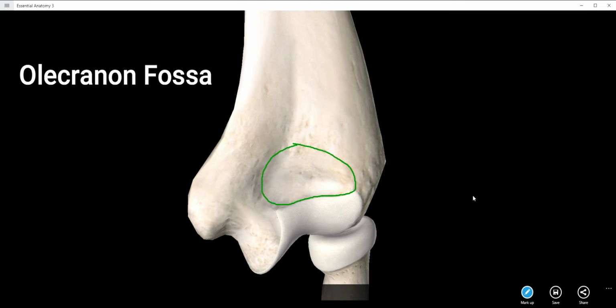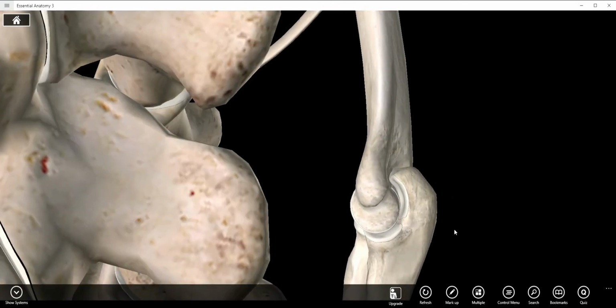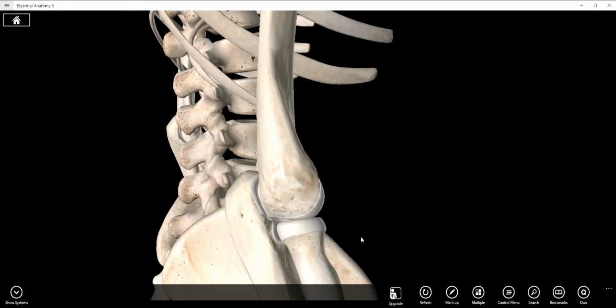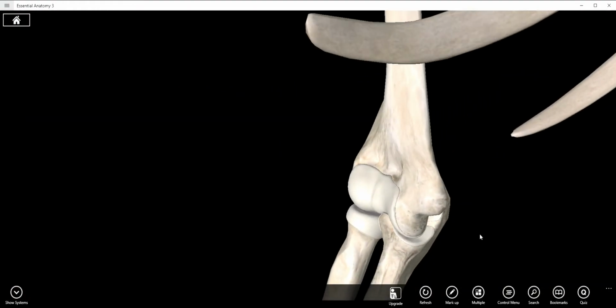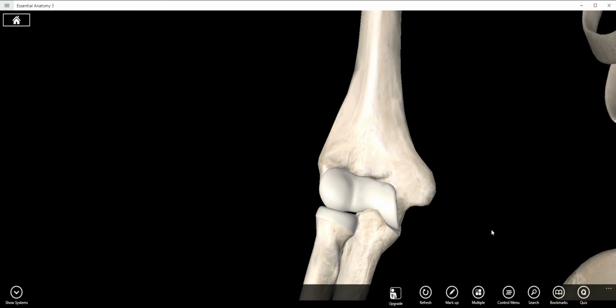So you can imagine when our forearm is extended, it's pretty stable because it's actually hooked into the back of your humerus. So next time you're carrying a lot of groceries, you can picture that hooked into your humerus there. That's the olecranon fossa.